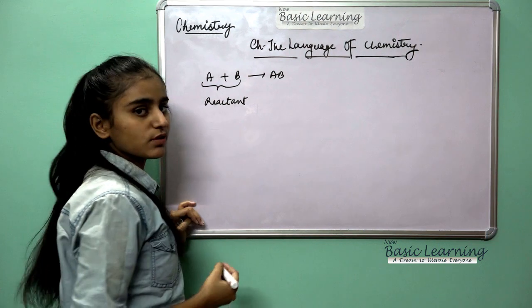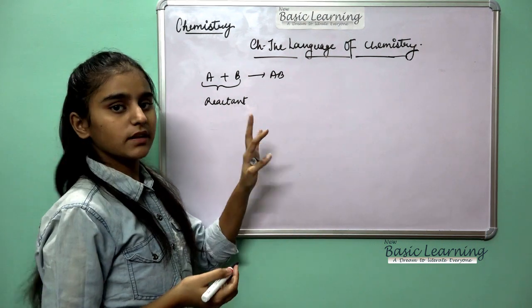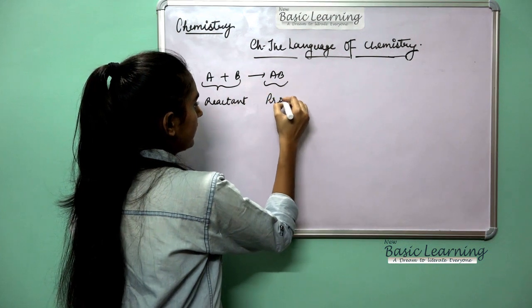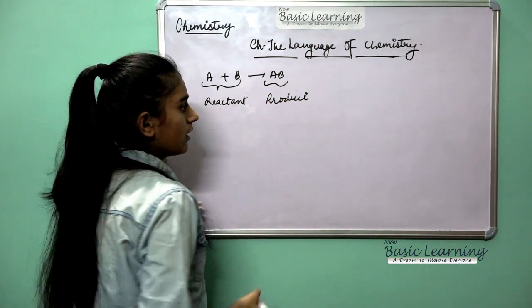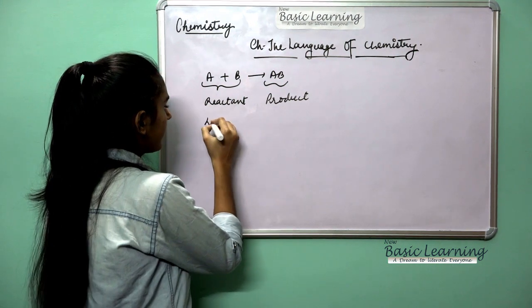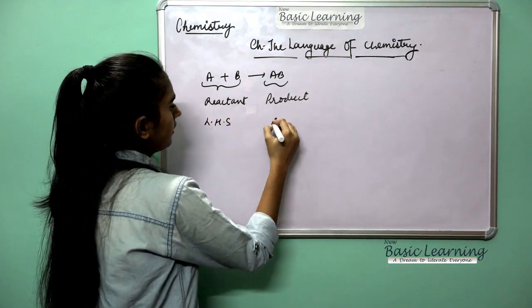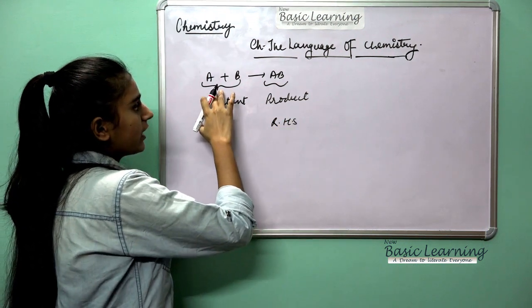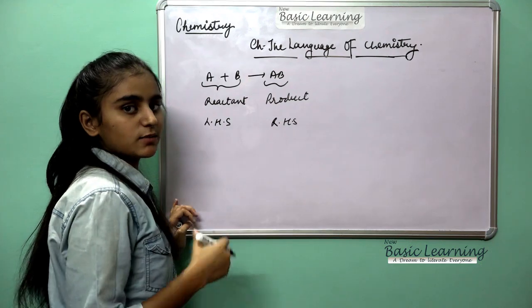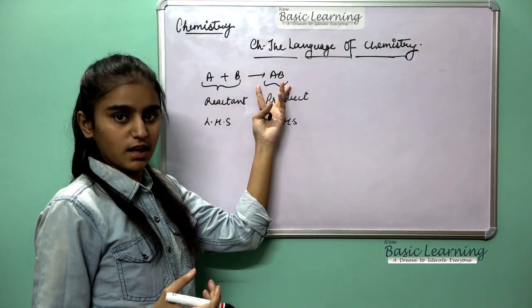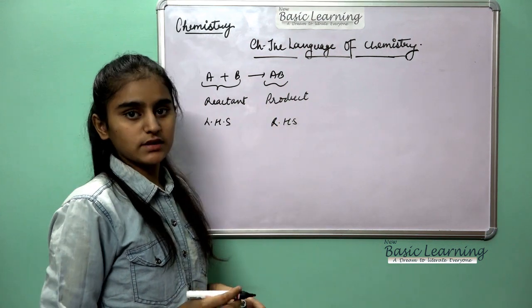When A reacts with B, it gives AB, that is the product. This is the product side. So the reactant side, or left hand side, is A plus B, and the product which we get is AB, the product side.